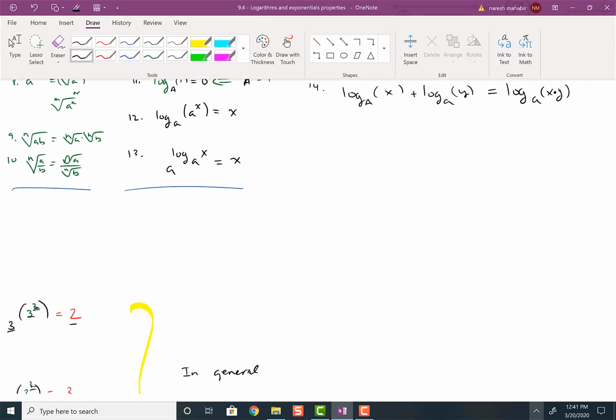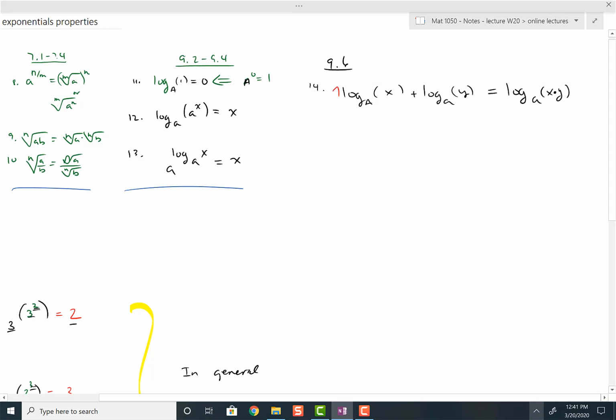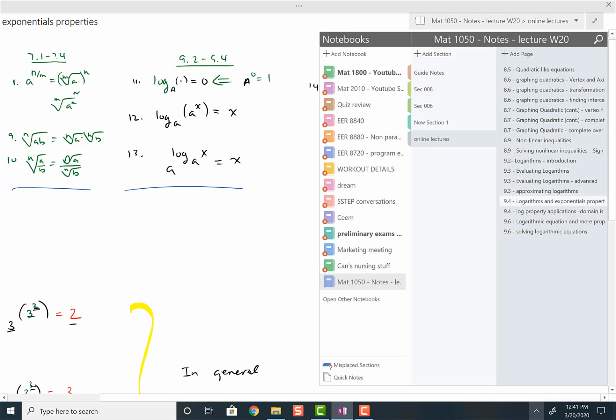Now note, this only happens when the coefficients are 1. So if the coefficients are not 1, you better figure out something else to do. That's the first one. It's a very, very helpful property, especially when it comes to evaluating things. And I probably should do an example. Maybe we will do an example right now.